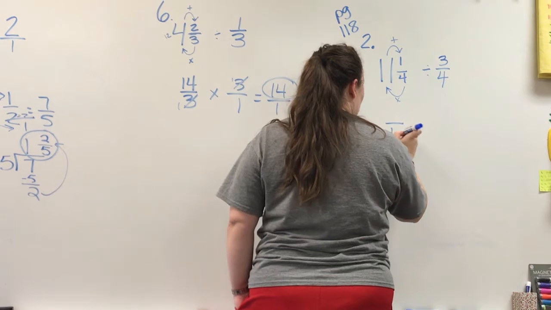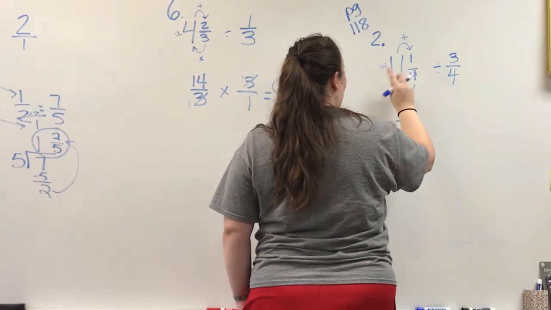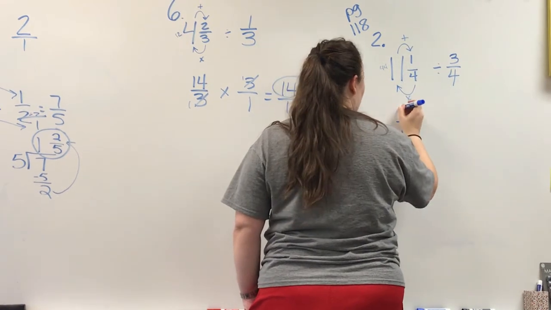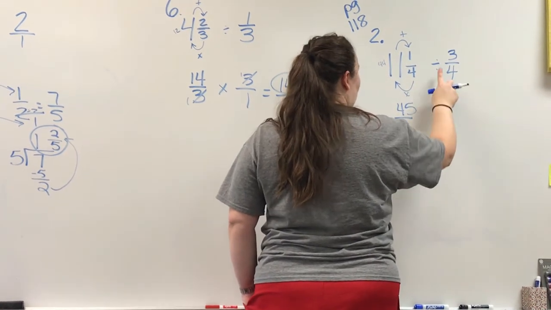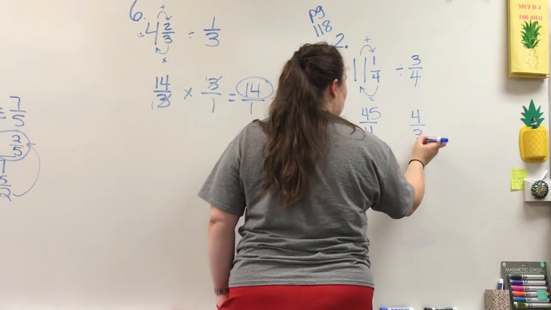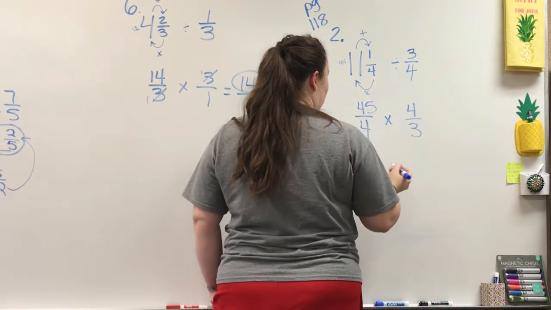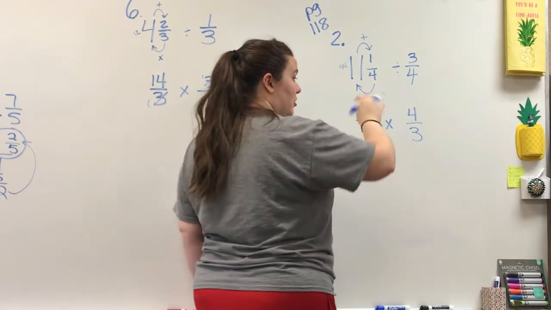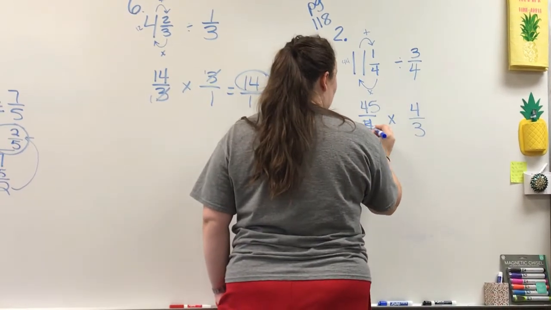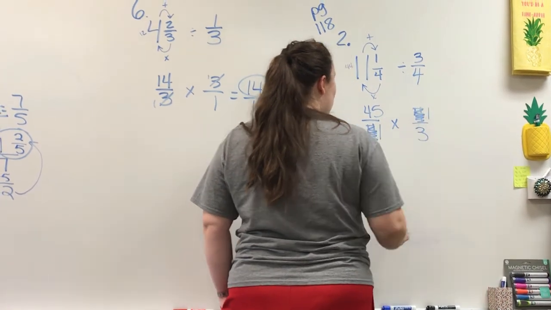Automatically going to put my denominator down here. 4 times 11, 44, plus 1, 45. Okay, I'm going to flip this second fraction, so 4 goes on top and 3 goes on bottom. I'm going to change this to multiplication. I have a lot of crisscross elimination that I can do. I can get rid of these 4s and turn them to 1s.